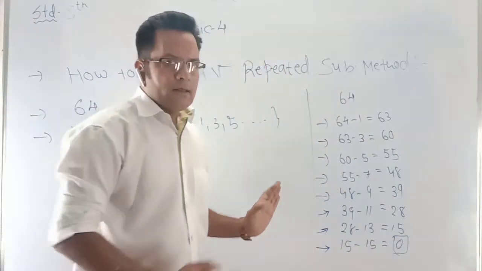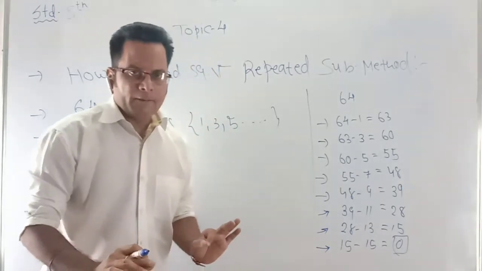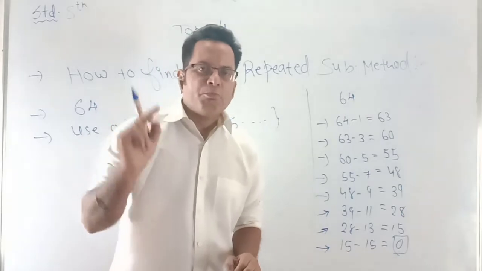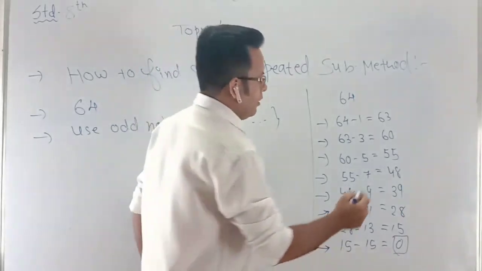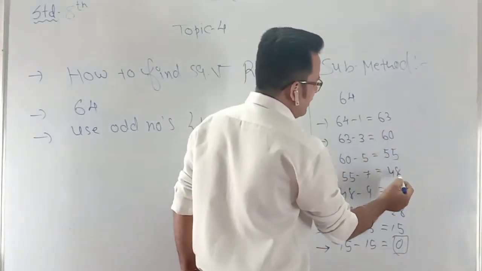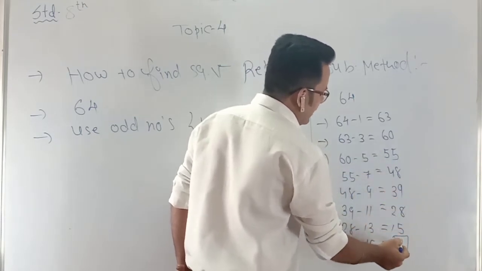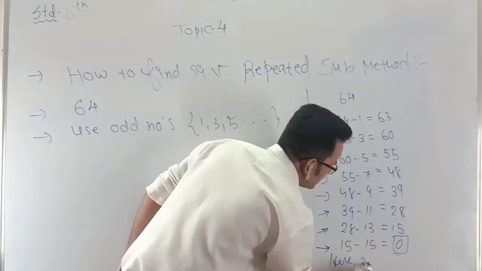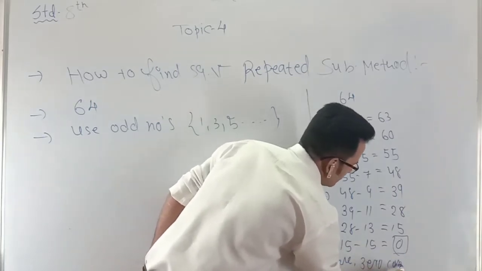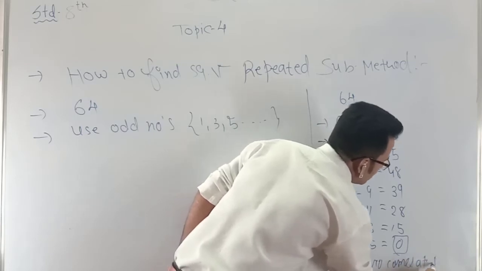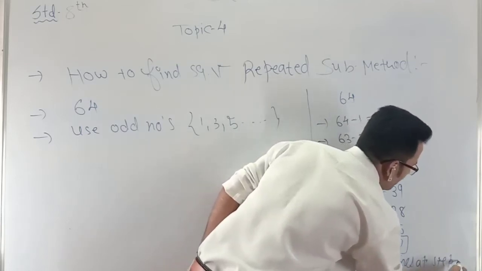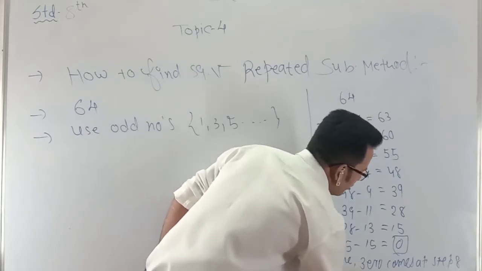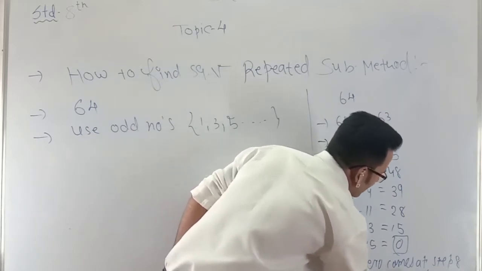So in this method, you have to count the steps which bring you to 0. 1, 2, 3, 4, 5, 6, 7, 8. Here 0 comes at step 8. Therefore, square root of 64 is 8.